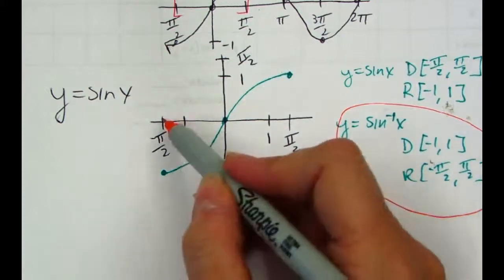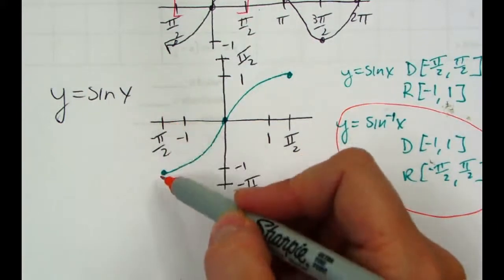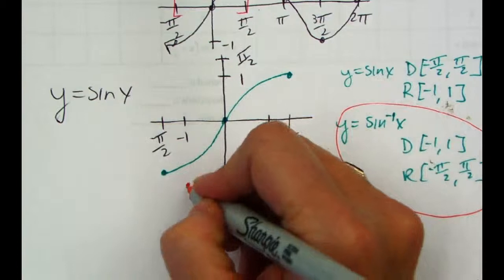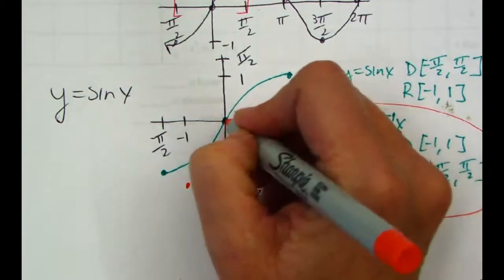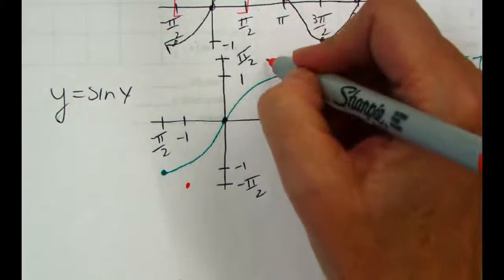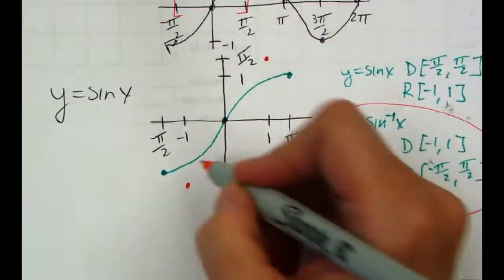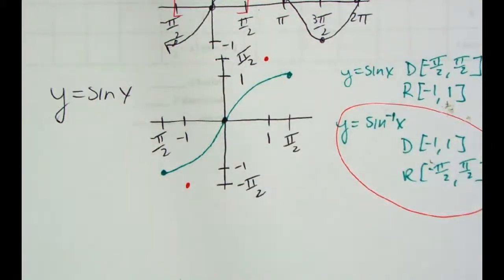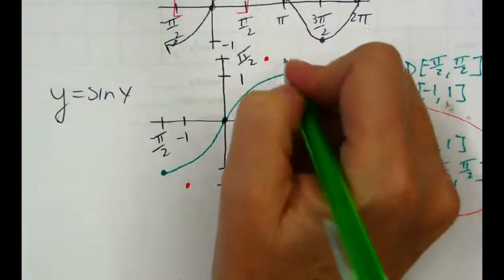So this is -π/2, -1. Now it's -1, -π/2. 0, 0 maintains itself. This is π/2, 1, so now it's 1, π/2. And again, let's see, maybe I'll do it in pencil. The line y equals x.